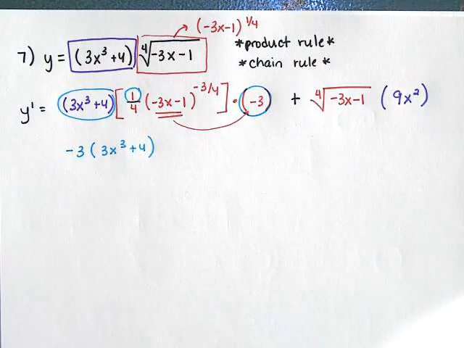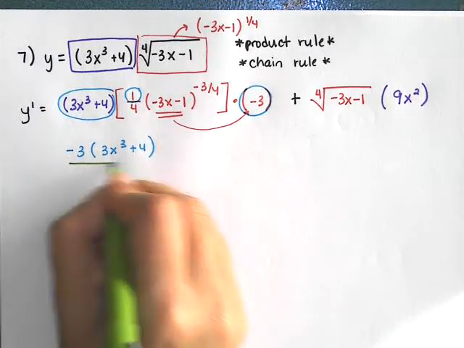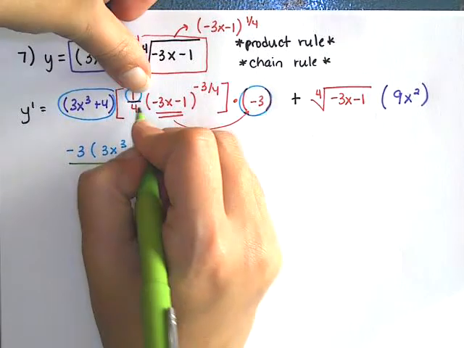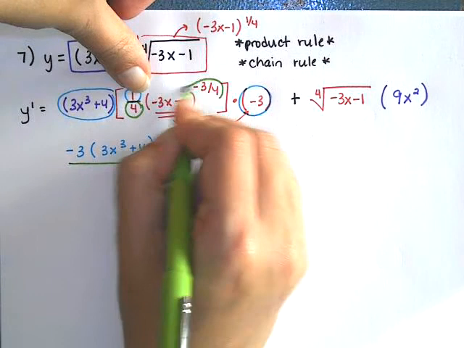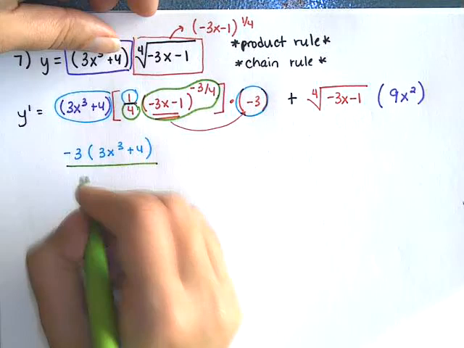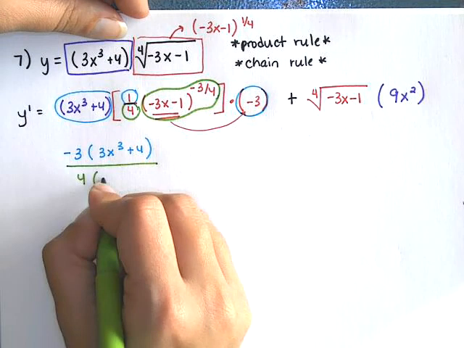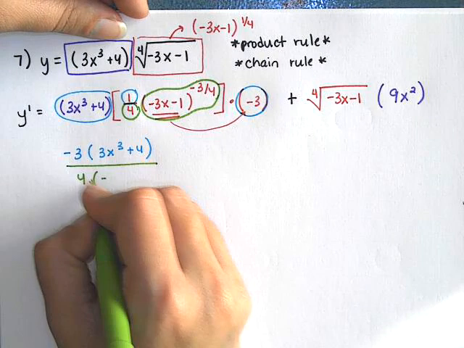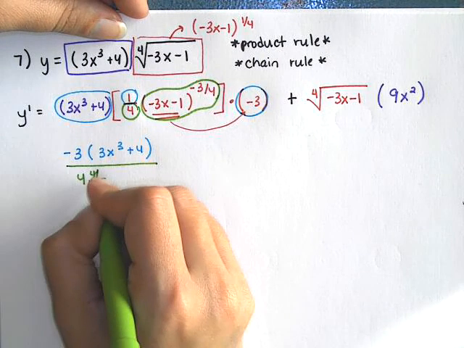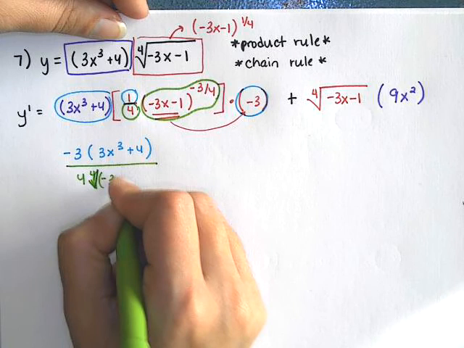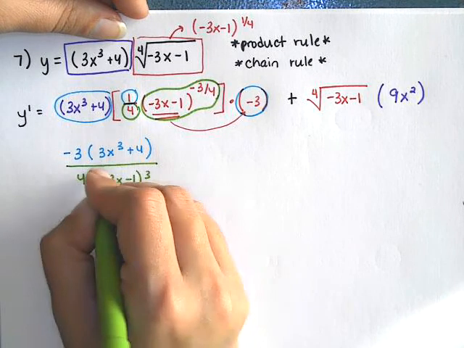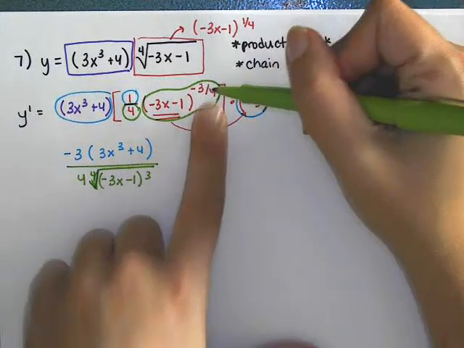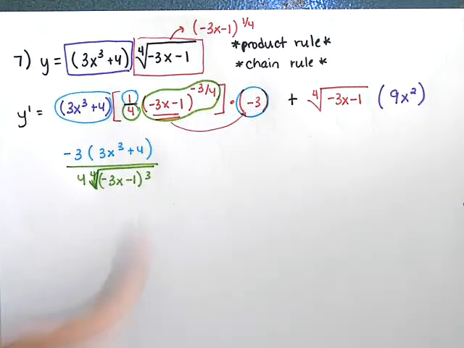And the denominator, I'll do this one. The denominator will be the 4 and this stuff, which has a negative power. I'm going to rewrite this as the fourth root again of negative 3x minus 1 to the third, because to the 3/4 means fourth root to the third.